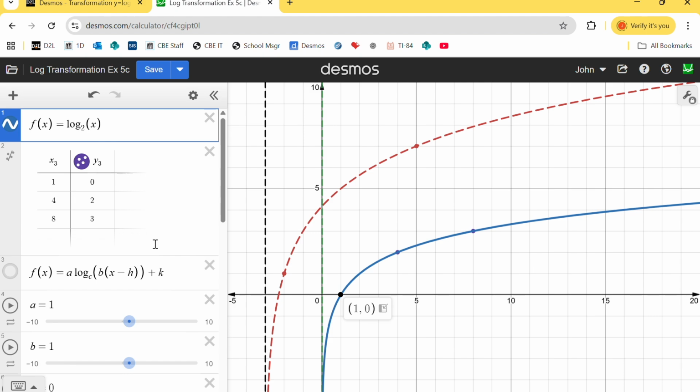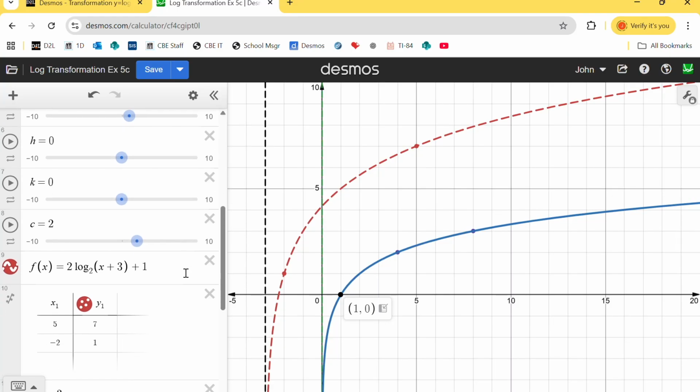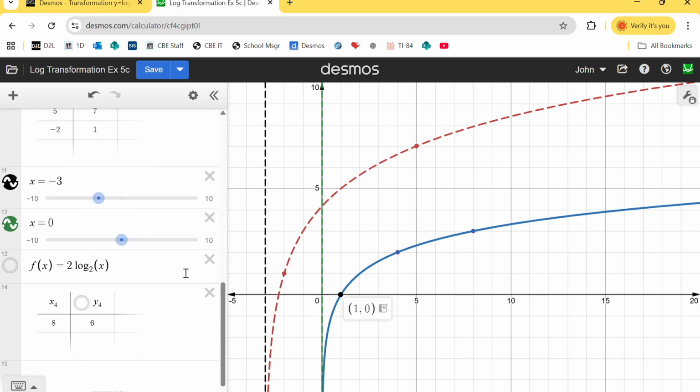So if I back this up, and I take the red graph and I move it back, because the horizontal translation would have been one of the last things that we did, along with a vertical translation if there was one, right? So if we move it back, we would have something like this.